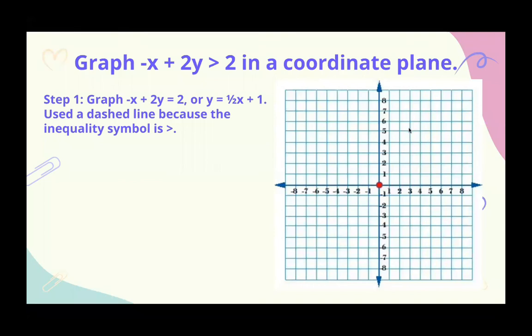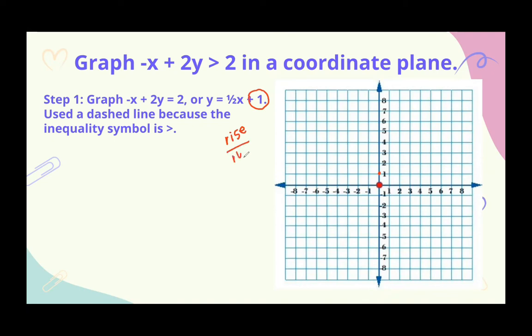Now you can graph your line on the coordinate plane. Again, you can either use the intercepts method through standard form that I showed before, or you can use slope-intercept form. I prefer slope-intercept form, so I'll go ahead and first graph my y-intercept at positive 1, and then use my slope to plot other points.